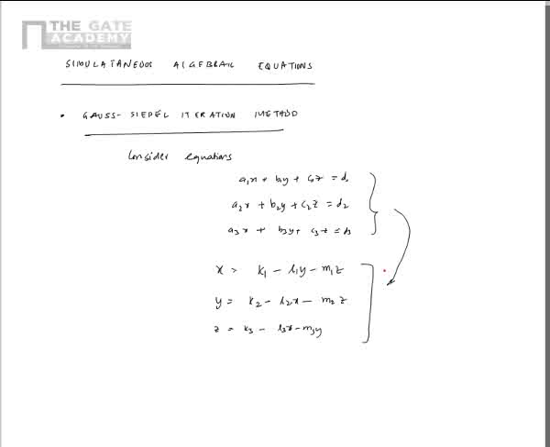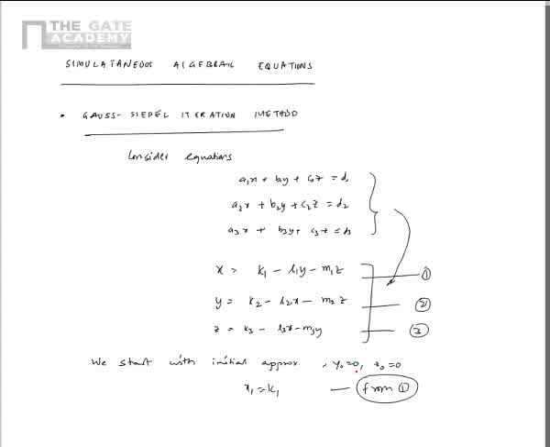Now what this method says is that we start with an initial approximation. Let me call these equations 1, 2, and 3. We start with the initial approximation y0 and z0, and get a value of x1. From the first equation, x1 is k1.